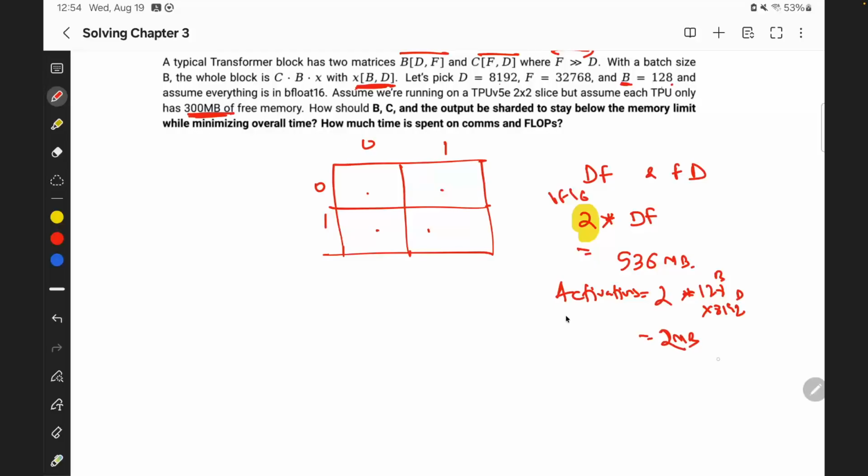So your activations are very small, but your weights are really huge.